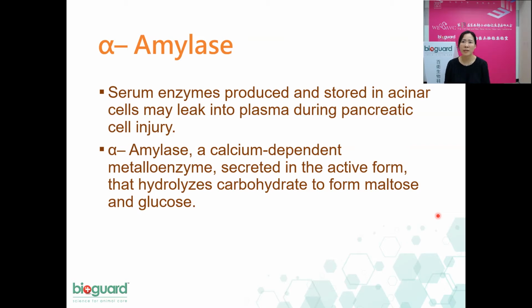So the first enzyme I want to introduce is alpha amylase. Alpha amylase is produced and stored in the pancreatic acinar, and when the pancreas is injured, this enzyme will leak into the plasma or into the abdomen. This enzyme is a calcium-dependent metalloenzyme.